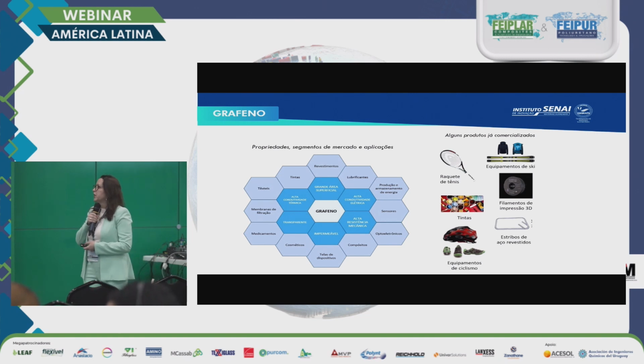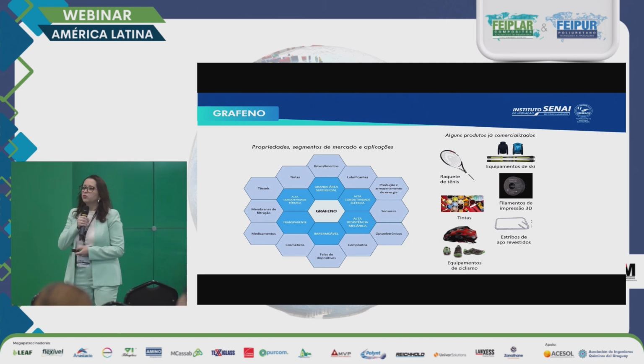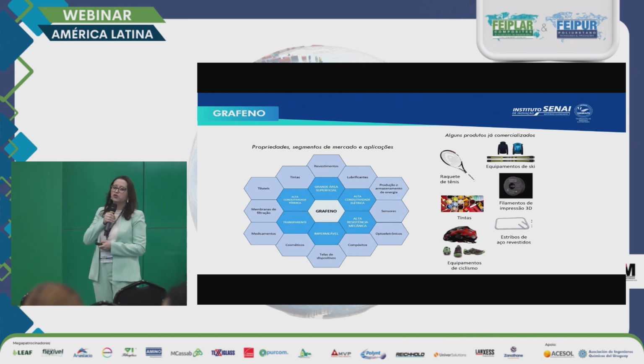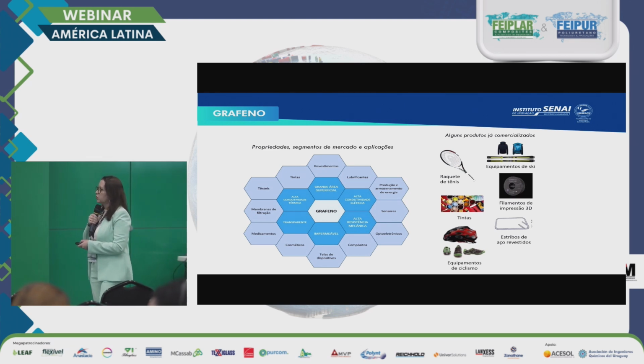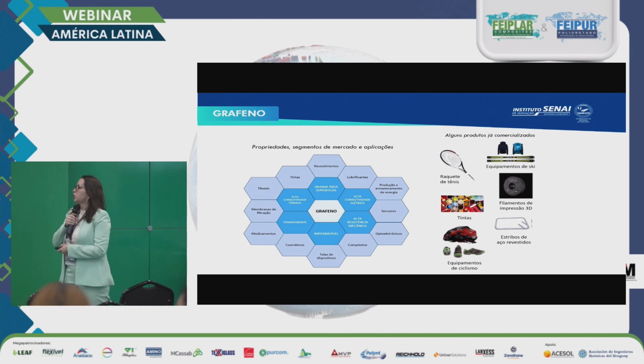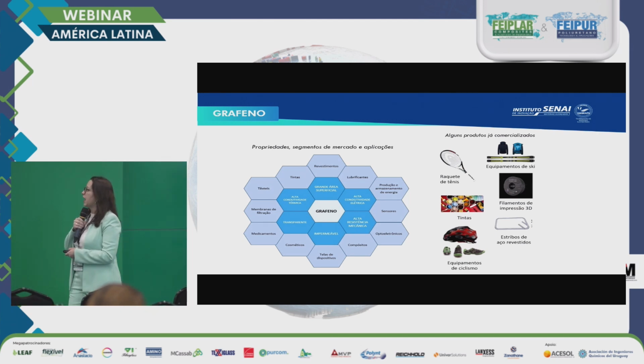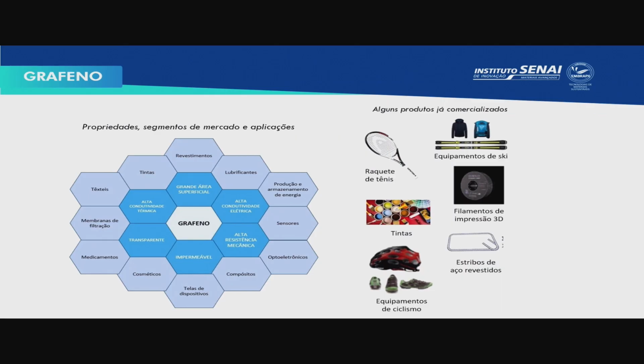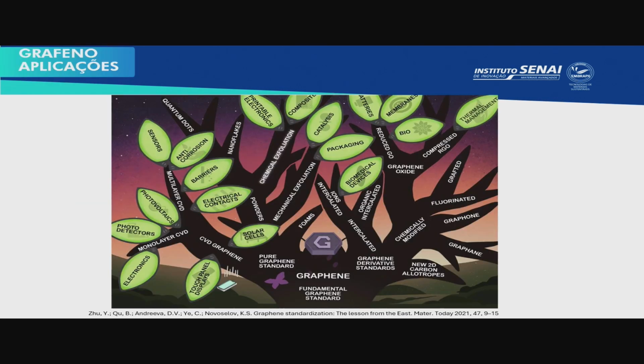Some companies are already consolidated in the market, and here in Brazil, in our institute, there is a lot of research to develop materials with graphene. We have projects in the areas of paints, polymers, composites, projects that have the goal of giving scale to graphene production.